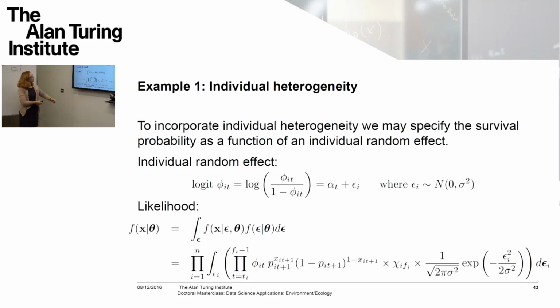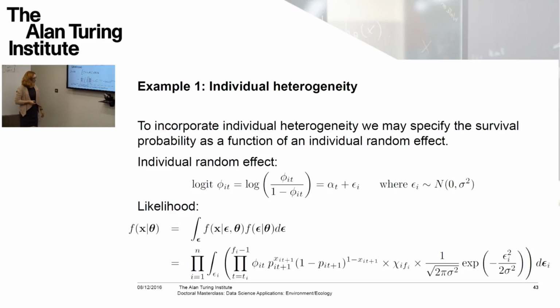The difficulty comes when we want to write that the survival probabilities are different for each animal. In particular, we have what's called a random effect model. So we might write the survival probability in this way. We have that they're time dependent plus some individual effect, where the individual effect comes from some distribution.